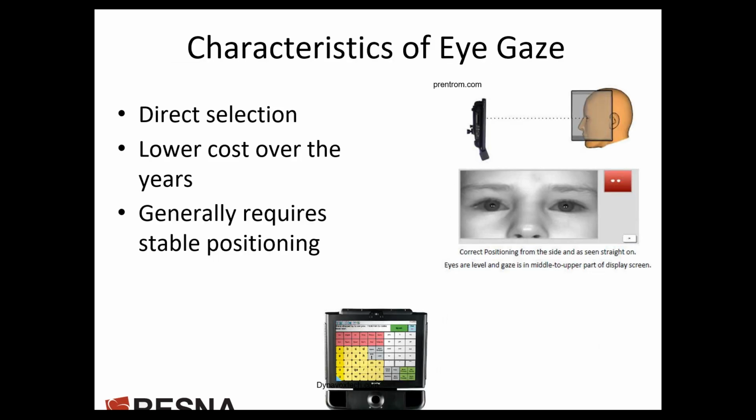Okay. So then eye gaze. Okay. So this is a direct selection technique because I'm directly selecting with my eyes. It uses a camera to follow the pupils of your eyes. They tend to be more expensive, but in recent years, with the newer technology, we've seen a huge decrease in the price.